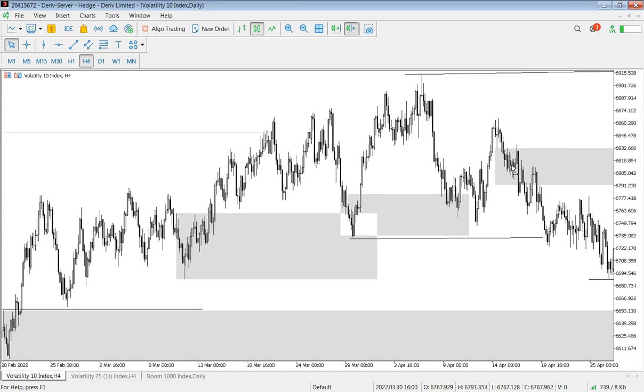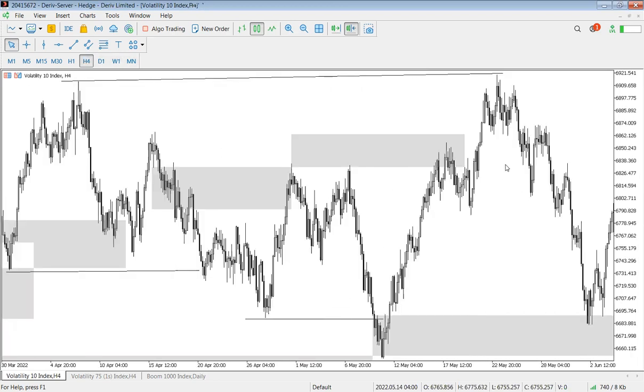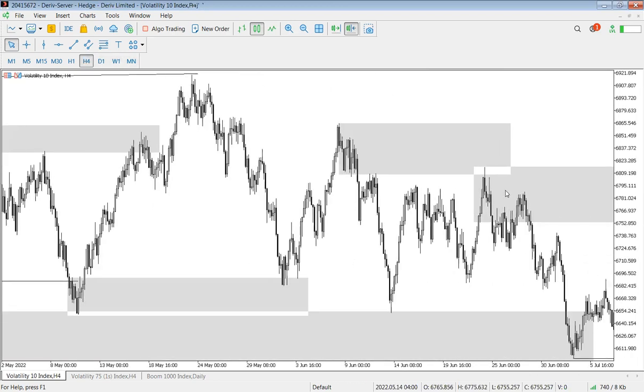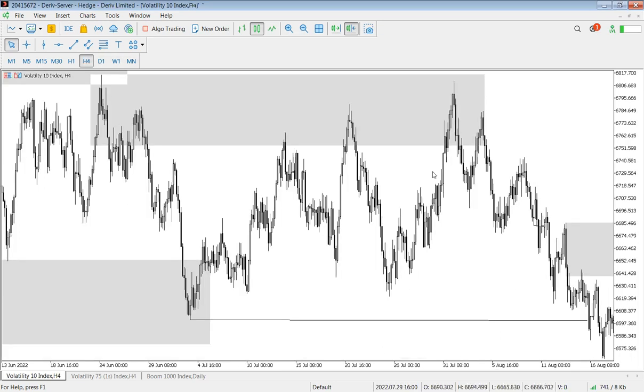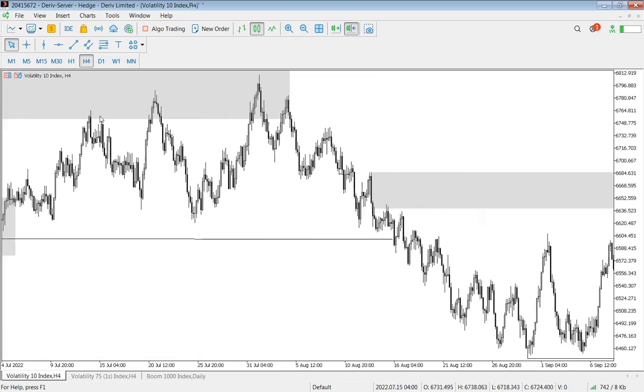If H4 is not clear, you go to 1 hour time frame. I usually use H1 when I spot structure on daily time frame.